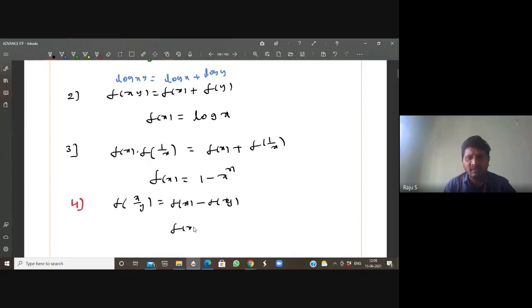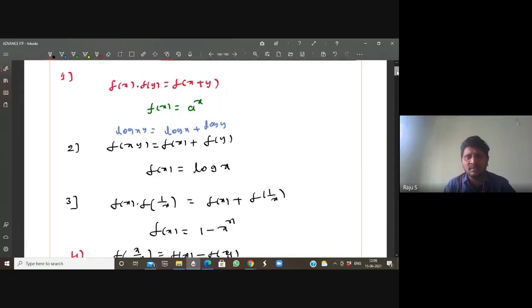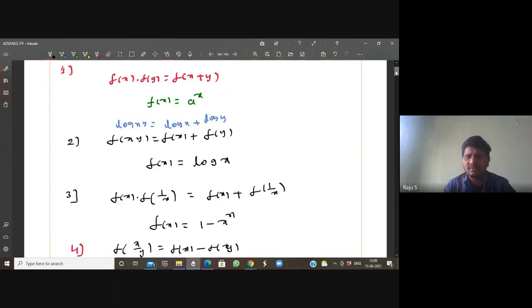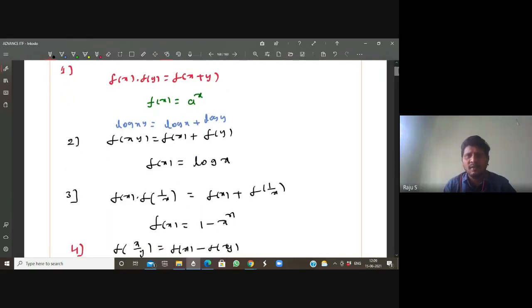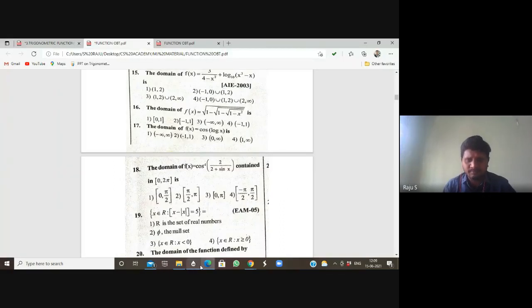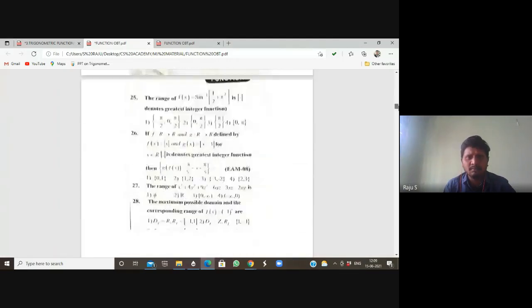It must be again log x. Yes or no, students? So remember these functions. Two more functions are there, but we cannot write directly. With the help of simplifying, we'll get those. Okay, next. Let us go for the problems here.